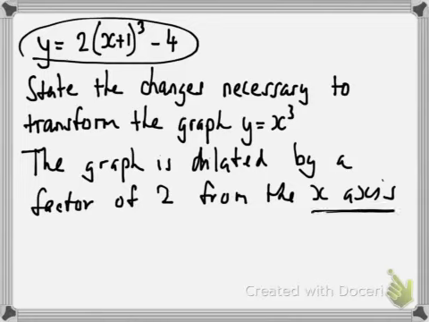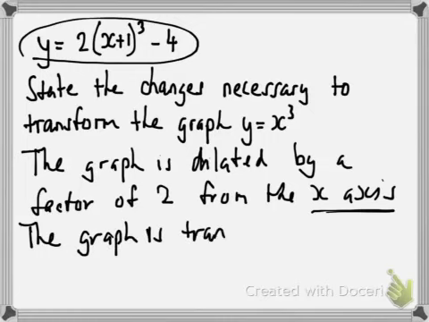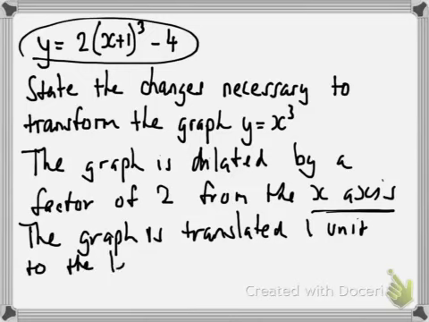There's no reflections, so we look at left and right translations. The graph is translated 1 unit to the left. And finally, we've got a negative 4 there.